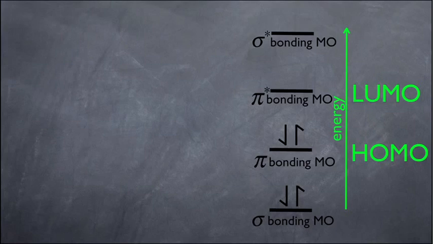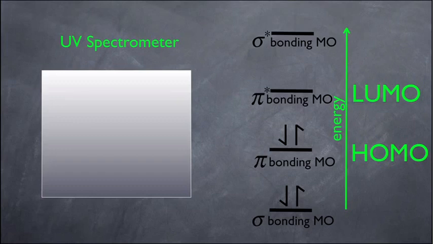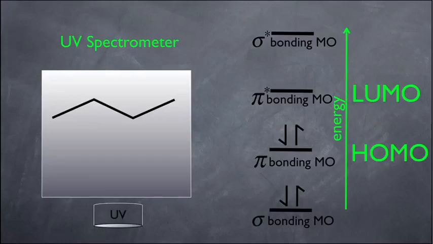Again, the diagram you see there on the right in front of you represents a conjugated system. Now here on the left, let's say we have a UV spectrometer, and let's say we put this molecule in it. Clearly this molecule is not conjugated. We have a UV light, like a flashlight, and this flashlight has the ability to shine all the various frequencies and wavelengths of UV light.